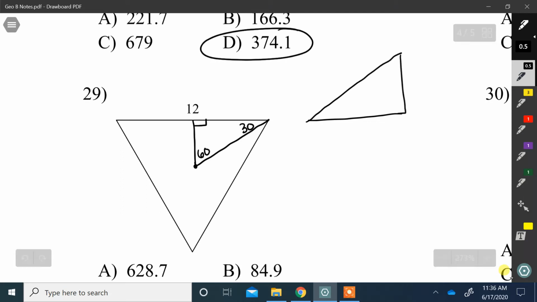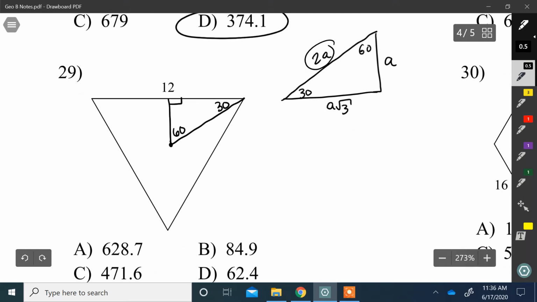If this is 30 and this is 60, then this will be A. This will be A square root of 3, and this will be 2A. We haven't used this yet, but we will eventually. You'll see how. Okay, so we got A there. A, remember, if this whole thing is 12, that means that this right here is 6.